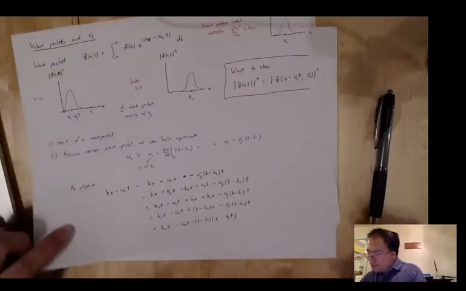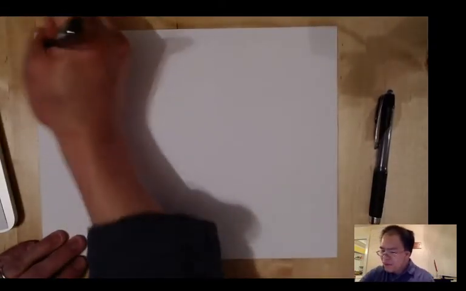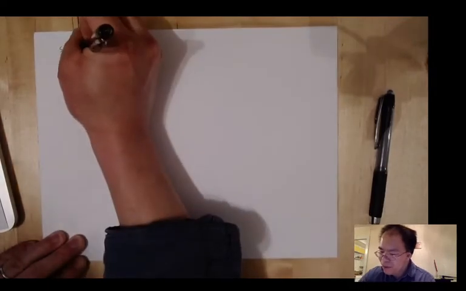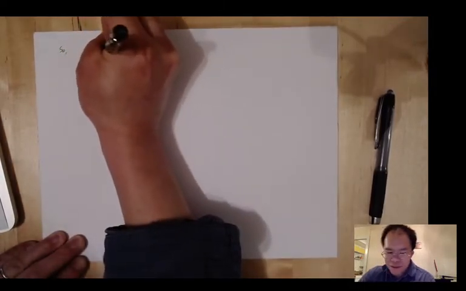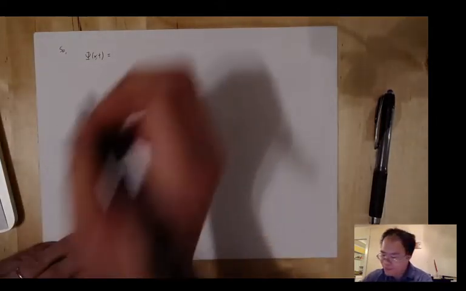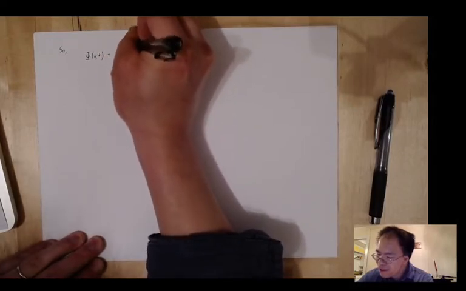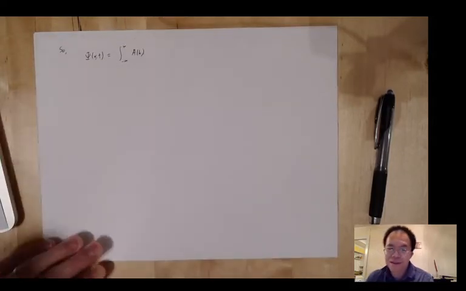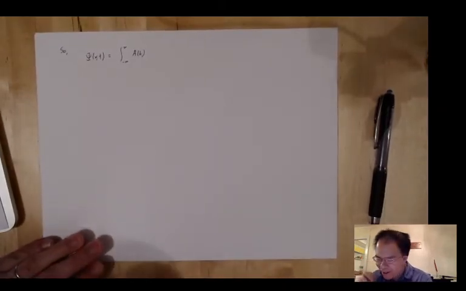Okay, well yeah, so now what we're going to do is plug this back up here. So our psi of x,t is going to be equal to the integral from minus infinity to infinity of my weighting function a of k.